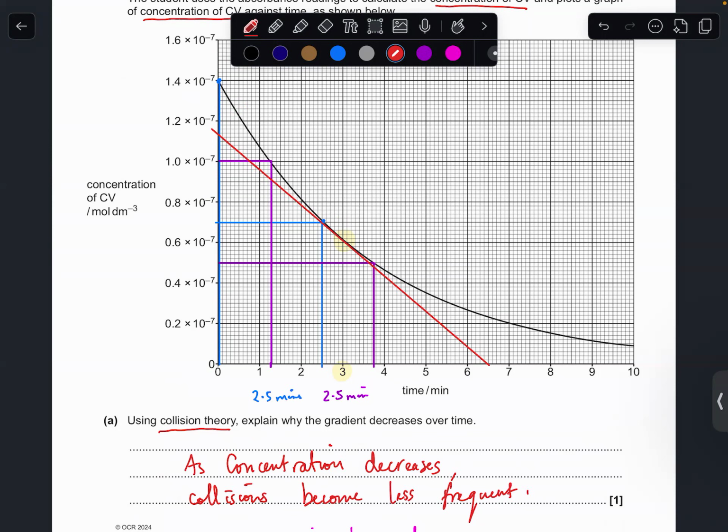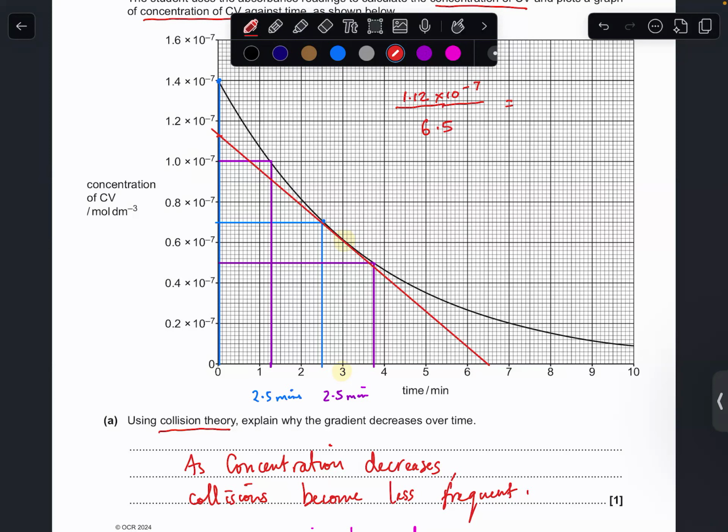What we've got here, if we read off here, is 1.12 times 10 to the minus 7, divided by 6.5 minutes.